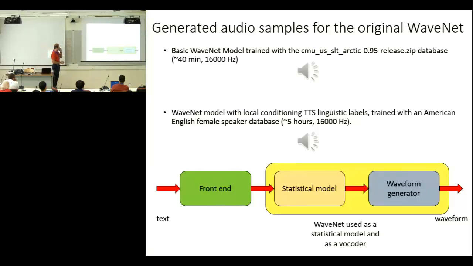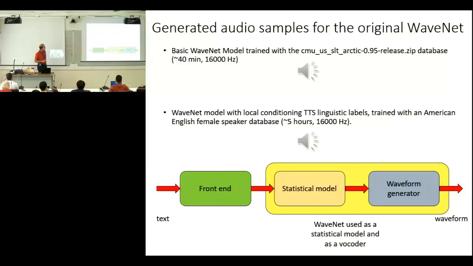This is my second experiment 3 years ago. Here I used as local conditioning TTS linguistic labels produced by a front-end system. So the front-end system produced the linguistic information and the wavenet was used in the pipeline of statistical parametric speech synthesis as both the statistical model and as a vocoder.